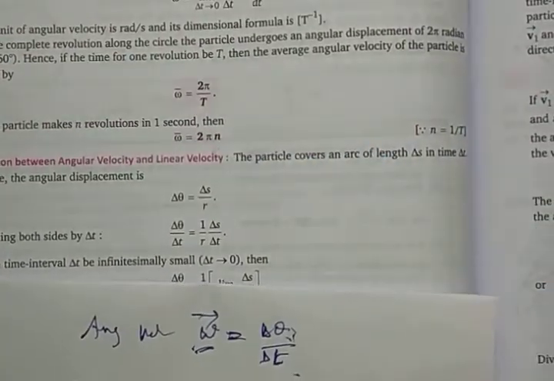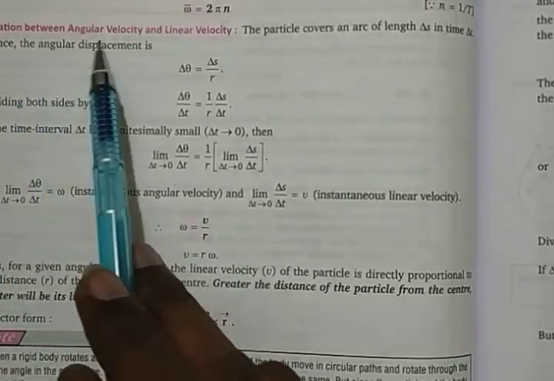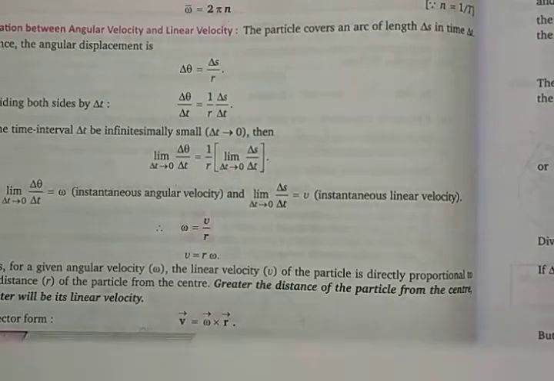Okay. So the next part is the relationship between, please write down, the relationship between angular velocity and linear velocity. How do we relate both of them? So first of all, write down angular displacement.